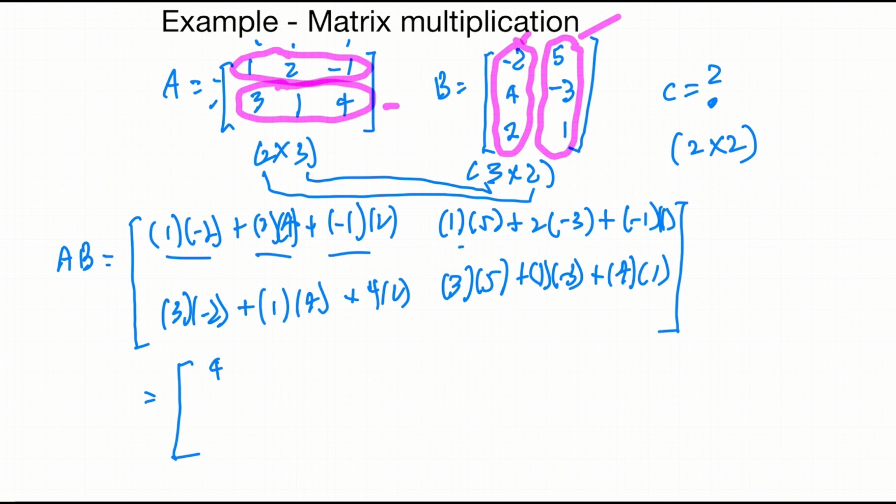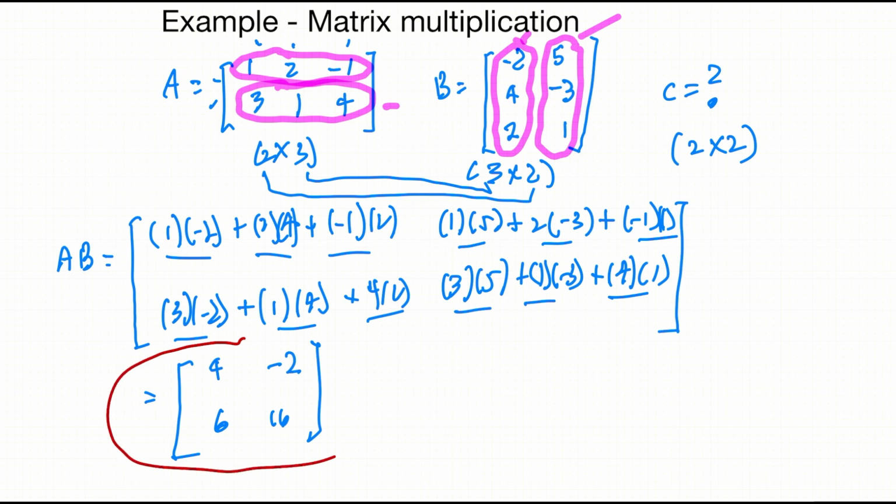The second one, that's a 5, minus 6, minus 1. That is a minus 2. And then we've got a minus 6, 4, 8. That's a 6. Now we've got 15 minus 3 plus 4, 16. So that is the result of our matrix multiplication.